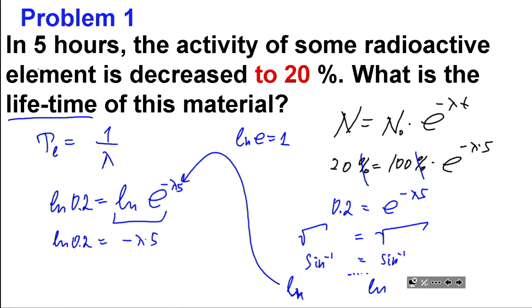Now we have to take a calculator and calculate the natural log of 0.2. Good thing it's a negative number. Negative 1.61 equals negative, because the decay constant has to be positive, so we need to have a negative and a negative to cancel it out. Well, 1 over lambda, which is technically what we are looking for, lifetime, will be equal to 5 over 1.61, 3.1 hours.